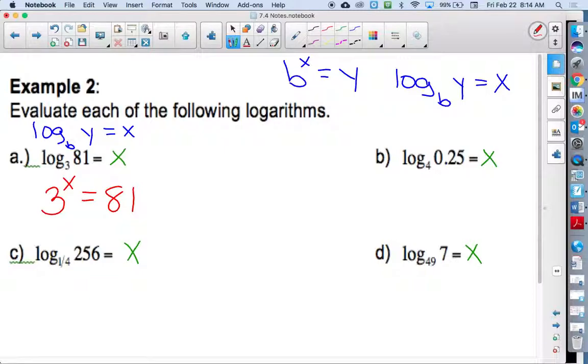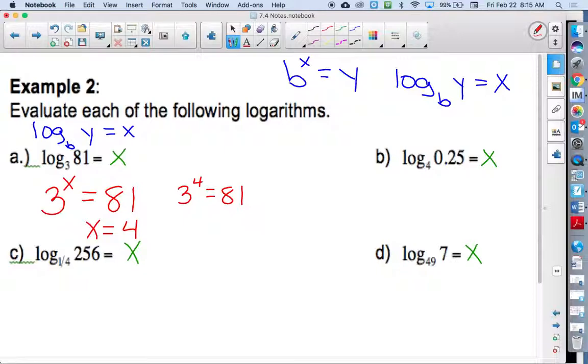So 3 to what power would equal 81? That's what we're trying to solve for. Anybody know what 3 to a power would equal 81? Well, yeah, so x would be 4, because 3 to the 4th is 81. Nice job, Will. That's all you're doing there. That's how you're solving. So you're really finding that exponential value. 3 to the 4th is 81.